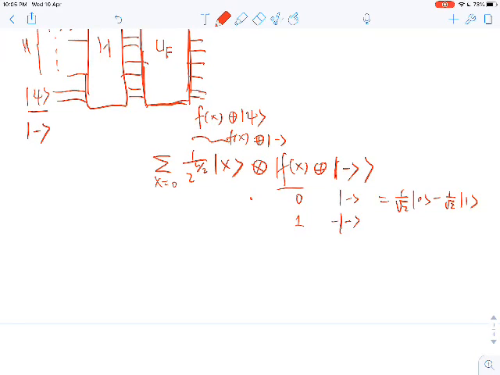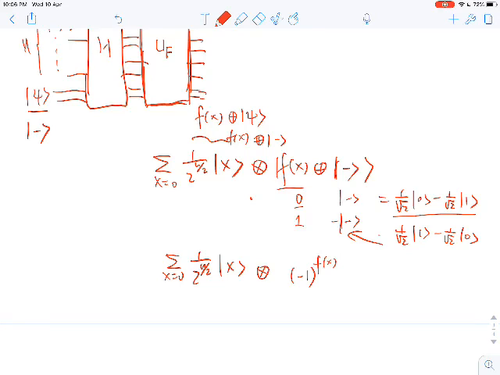If the first qubit is 0, it keeps itself. If the first is 1, we bit flip the second qubit, and the output here is 1, 0. It's just the minus qubit, right? Therefore we can rewrite it like this: x tensor minus 1 to the f(x) times the minus qubit.